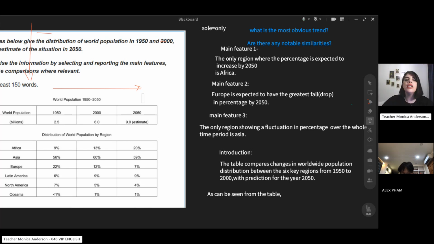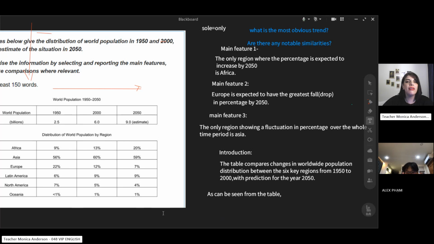So we have our overview, and it's time to write main bodies. As you know, we need to add details, but here again we have 3 main features, 2 main bodies. So how can I divide them into 2 paragraphs, do you think?